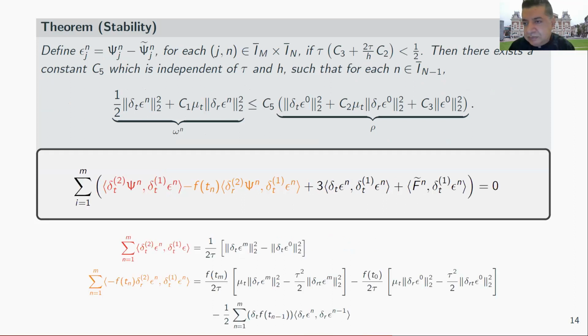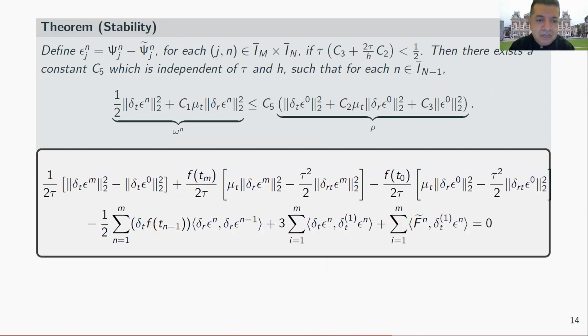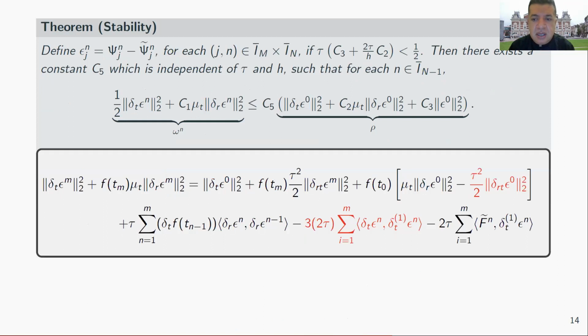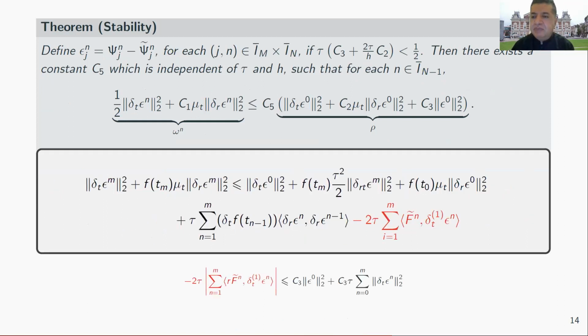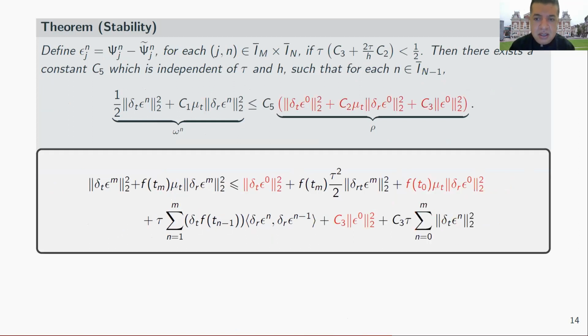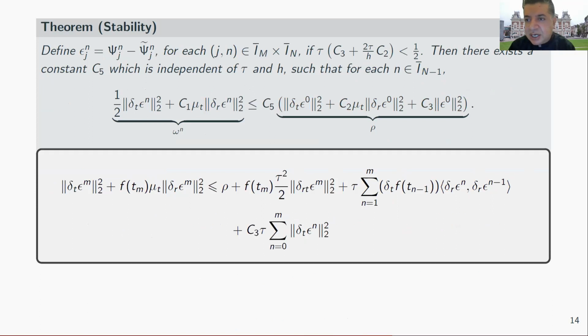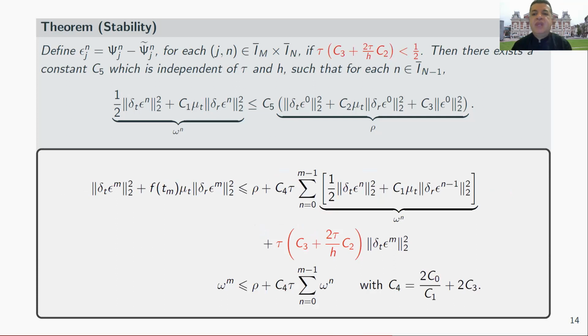And we perform the inner product explicitly, and rearrange our terms, and using the mean value theorem, we associate these terms in red with the rho, and rearranging terms, we use the Gronwall's inequality, and the theorem is proved.